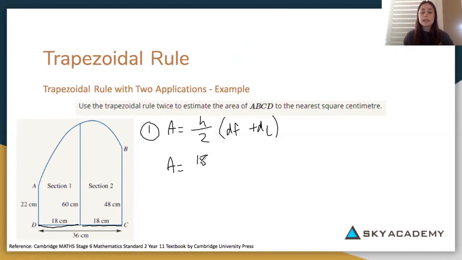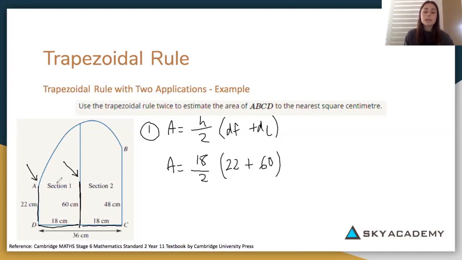So we have 18 on 2 times by the distance of the first, which for us is going to be 22, plus the distance of the last, which is for section 1, 60. So for section 1, ignore section 2, and the first parallel side is A, which is 22, and the second parallel side is here, which is 60.